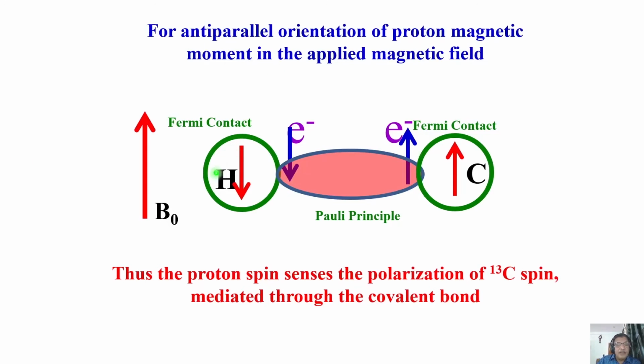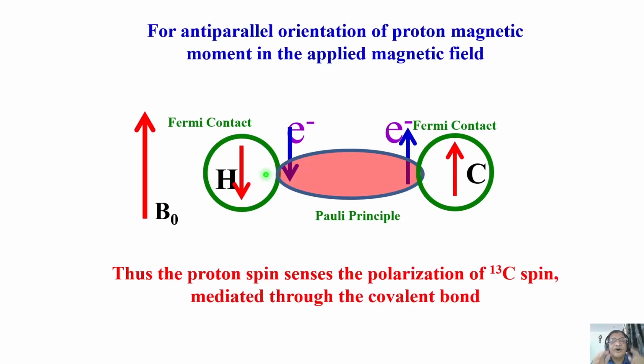Whatever the direction of orientation of the magnetic moment of the proton you take, it forces the carbon bonded to it by a single sigma bond in a direction opposite to it. Nevertheless, simple concept you understand: the proton spin senses the polarization of the carbon spin, which is mediated through covalent bond.